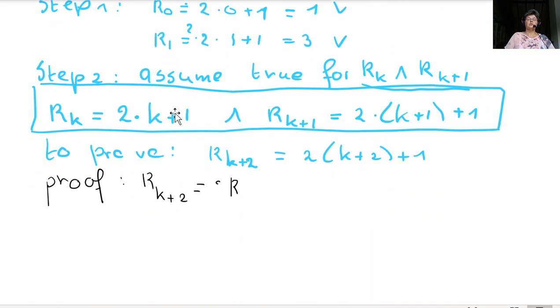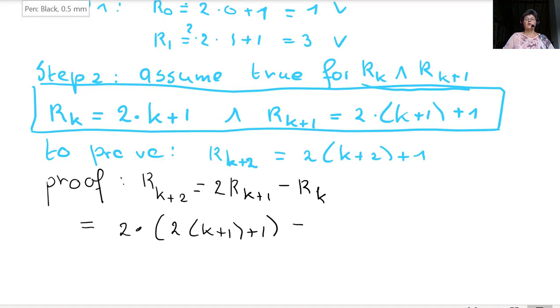So it's 2 times Rk plus 1 minus Rk. Okay, let's use the assumptions. So this would be 2 times Rk plus 1. So it's 2 times k plus 1 plus 1 minus Rk. So that would be minus 2k plus 1.